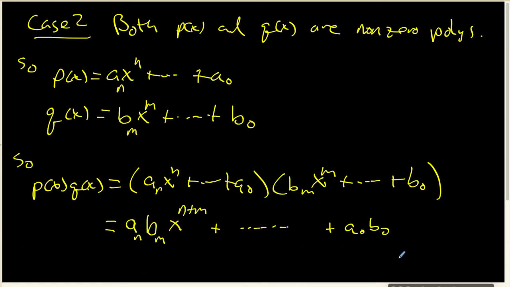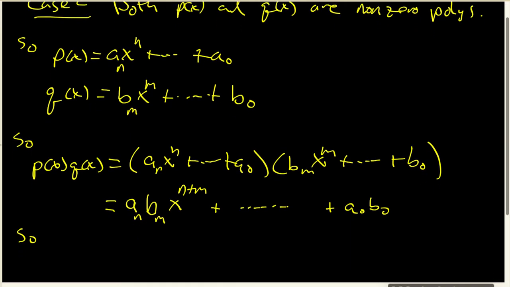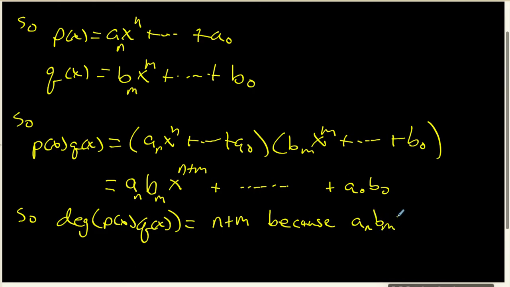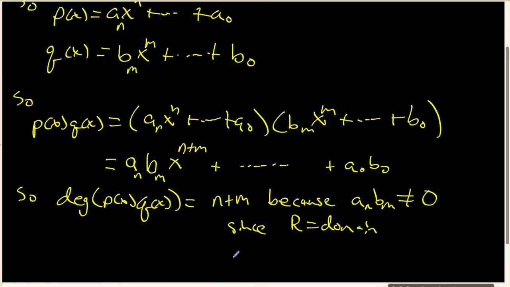But once I know that this is what the product is going to look like, I can say some very important things. The degree of the product now is clearly going to be n plus m, and I know that because a_n times b_m is not 0, since R is a domain, and hence has no zero divisors, and I know that a_n is not 0, and I know that b_m is not 0.